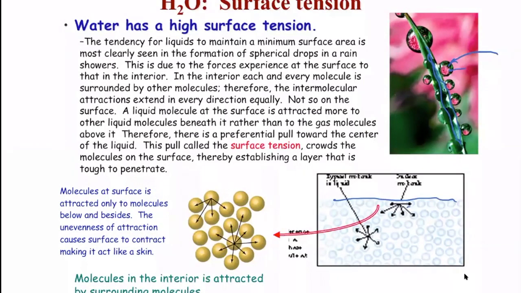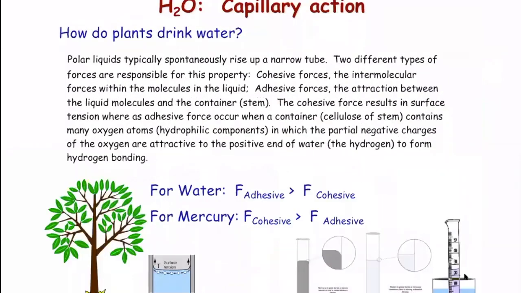You also have capillary action. Water automatically gets drawn. And you see that with glass a lot because glass has silicon oxide groups. And so the hydrogen in water can be attracted to the oxygen in silicon oxide in glass. And so that's what you see right here.